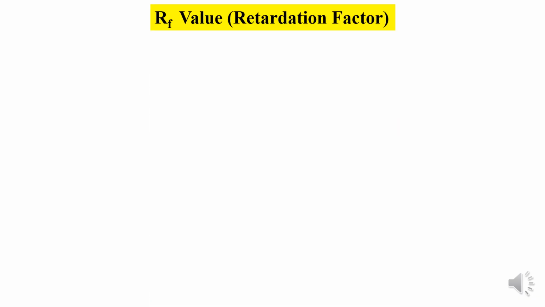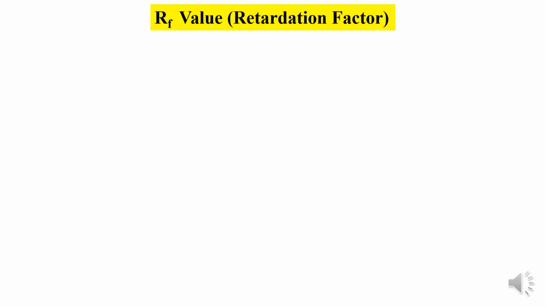Let me begin the video with the most important parameter used in paper chromatography for carrying out the qualitative analysis. RF is the abbreviation for retardation factor or retention factor.